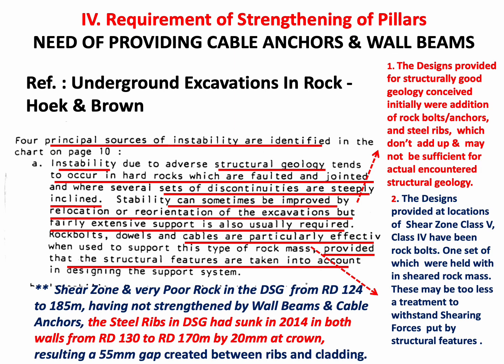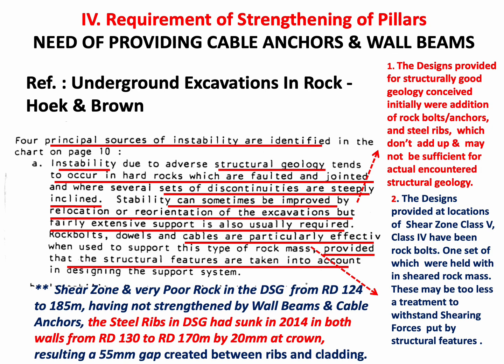If we refer to Underground Excavations in Rock by Hoek and Brown, it says four principal sources of instability are identified in the chart on page 10. Instability due to adverse structural geology tends to occur in hard rocks which are faulted and jointed and where several sets of discontinuities are steeply inclined.